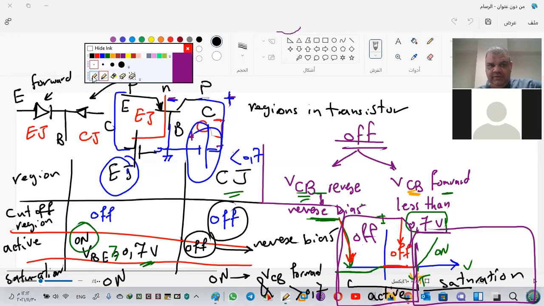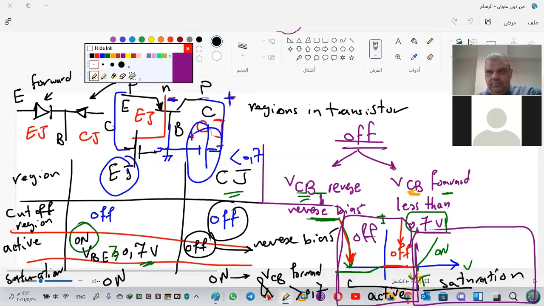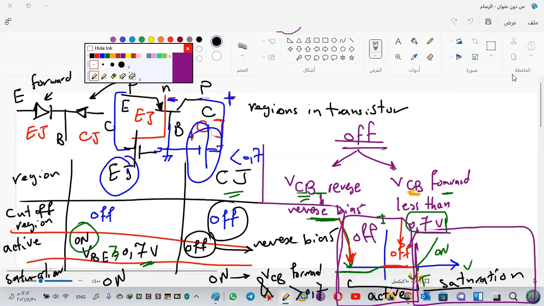Clear or repeat, friends? Try to bring this table on paper and keep it with you. It's very important because we're going to use it in chapter 4. Now for chapter 3 this is it, but for chapter 4 this is your summarization.